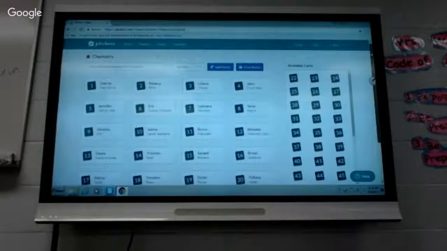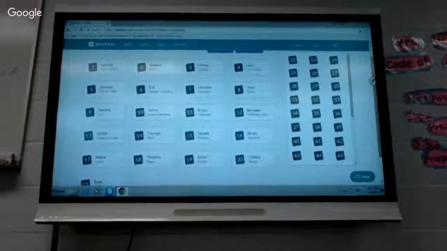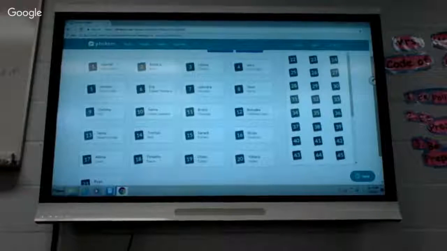There are your numbers. Is yours the little black one? Yes.